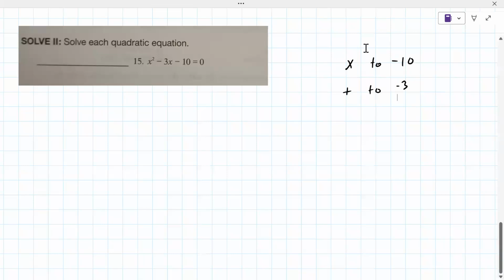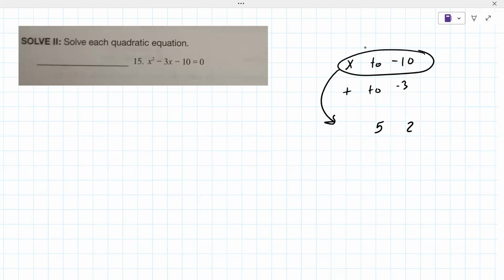So let's come up with those two numbers. Let's say 7 and 10. We've got to multiply to -10, so start with that one. 5 and 2. Yeah, okay, that only gets you to +10. One's got to be negative, one's got to be positive.